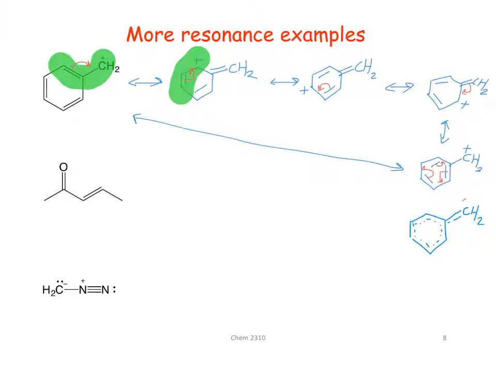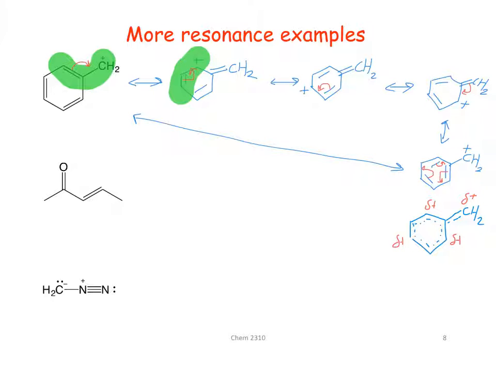Right, so then we'd have a delta plus here, a delta plus here, delta plus here, and a delta plus over here. We see that the electrons are spread all the way around this system, allowing the distribution of this plus charge. That gives a lot of resonance energy. It allows this molecule to become much more stable.